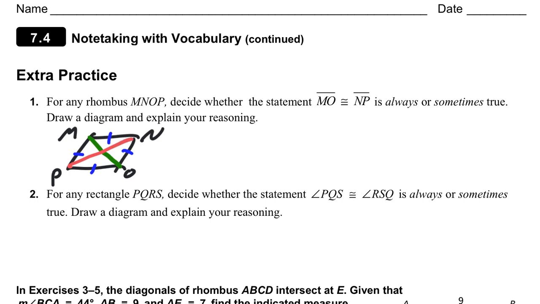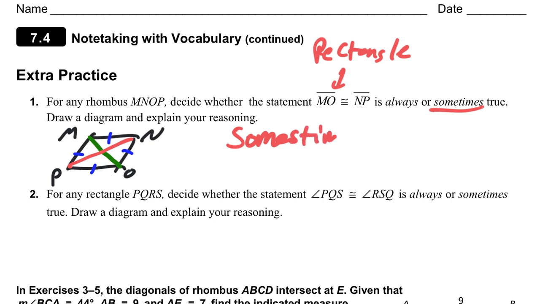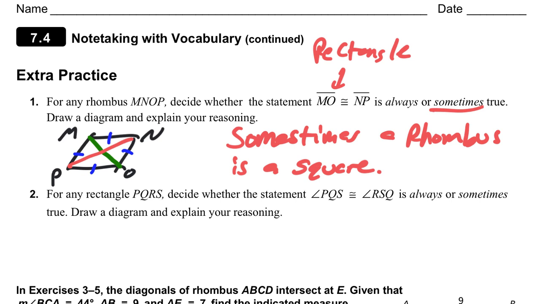Now, for these to be congruent, that is special to a rectangle. So is that true with a rhombus? Only sometimes, because sometimes a rhombus is a square, and then a square, which is a type of rhombus, is also a type of rectangle, and rectangles are then where you have your diagonals that are congruent.